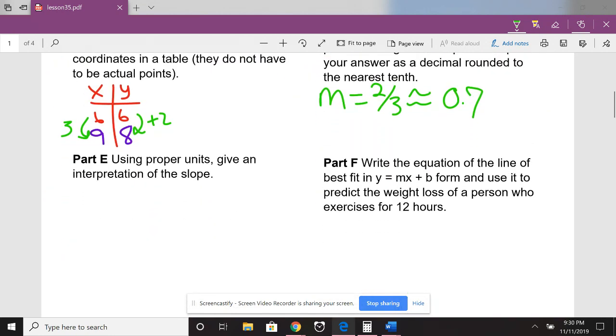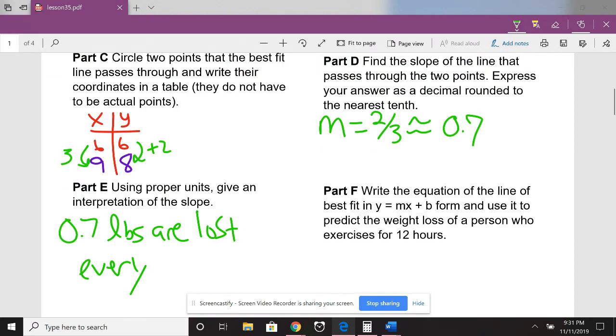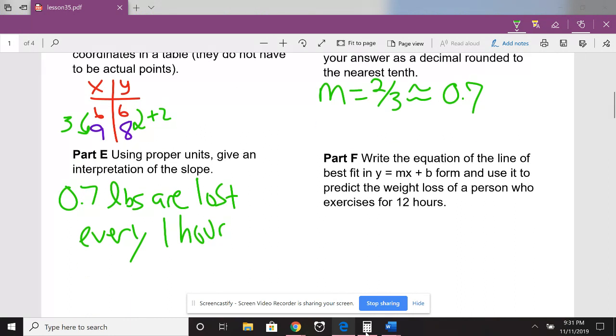So 0.7 pounds are lost every 1 hour exercising. So as it goes up 0.7, it goes to the right 1, not 0.1.